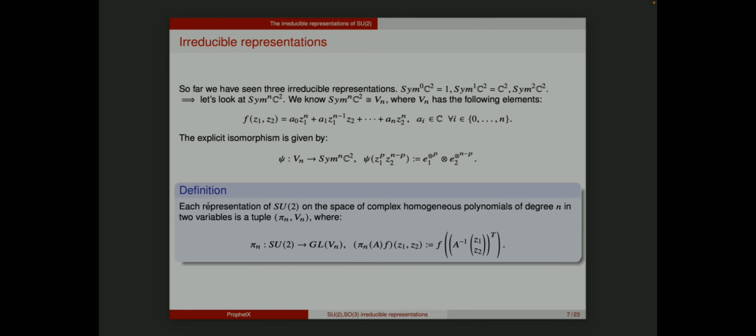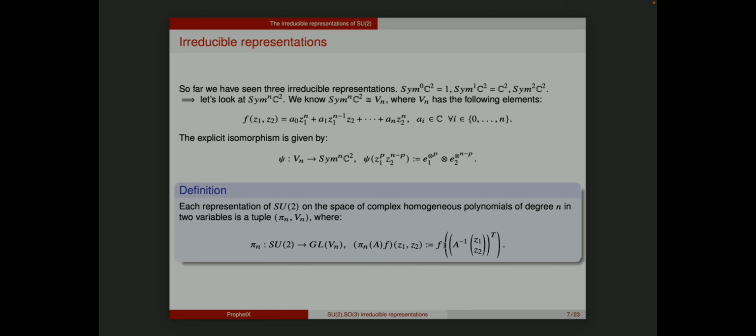And now I claim that the representations of SU2 are given by these tuples, where we have a map and the vector space, and the map is given like this. So we take an element of SU2, this is A, and then we act on a polynomial and evaluate it in Z1 and Z2, and we define it like this.